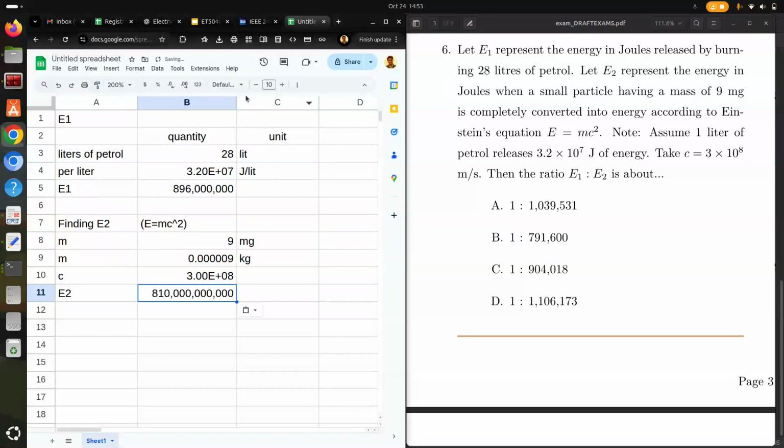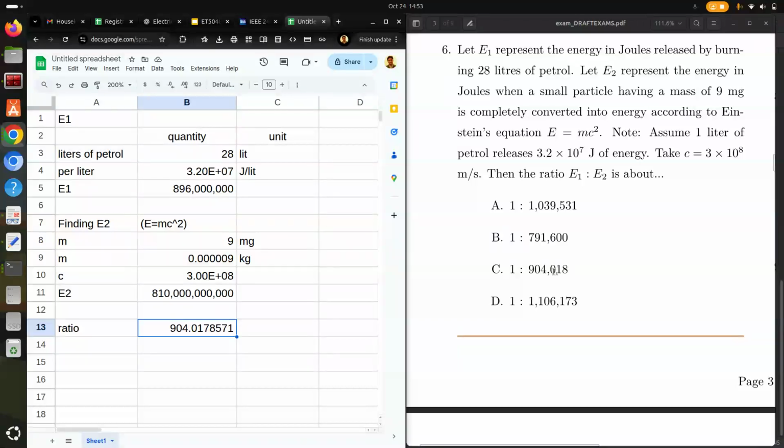Now, what I am interested in is the ratio E1 to E2, which is what is asked in the question. So I simply divide. I take E2 and divide by E1. I'm getting something like this: 904.